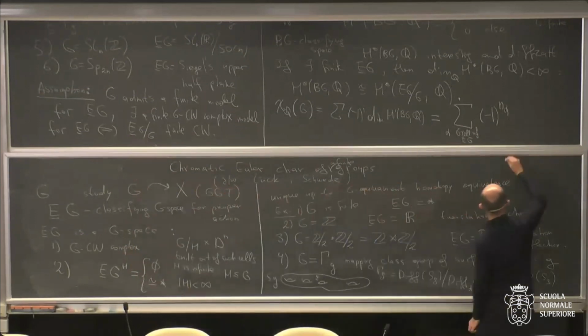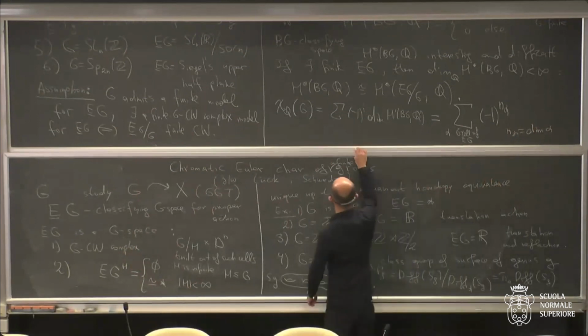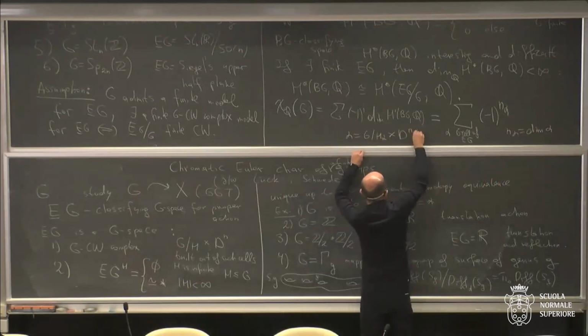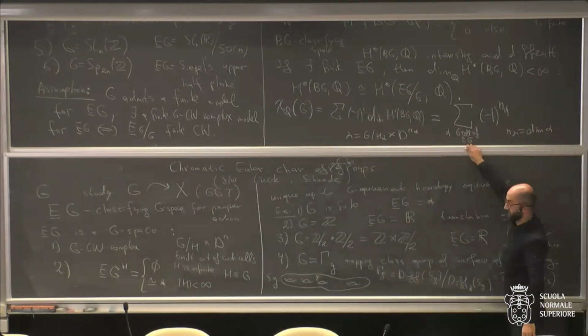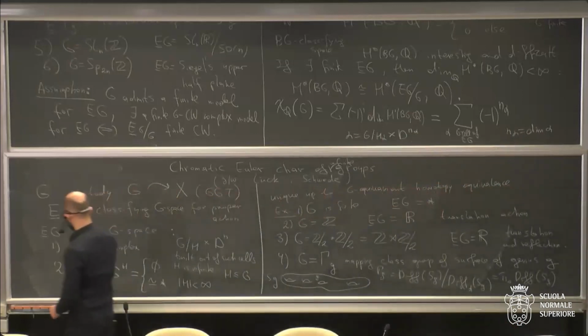And n_alpha is just the dimension of this cell alpha. Well, you can think of this cell as typically some G/H_alpha times D^(n_alpha) or something. And you take all possible cells on this finite model of E under bar G, and then you sum the (-1)^(n_alpha), okay? So that gives you a formula for Euler characteristic, which is quite useful.